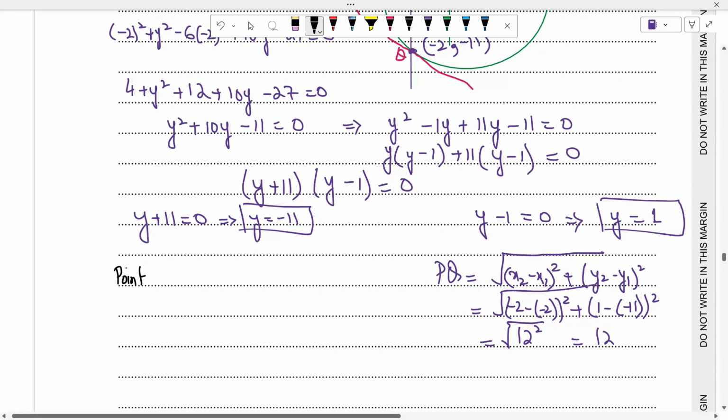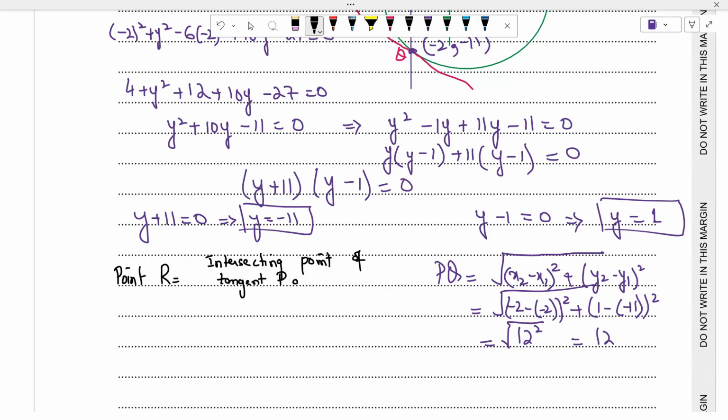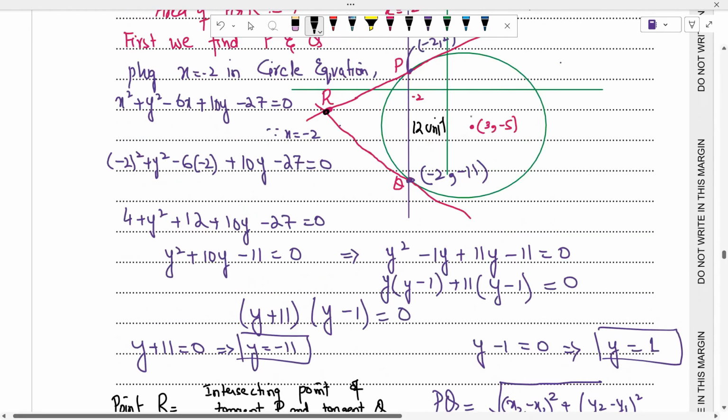Point R is the intersecting point of tangent P and tangent Q. So we need to find the equation of the tangent at P and the tangent at Q. First we should know that if this is the center C, then this line CQ is perpendicular to the line QR.